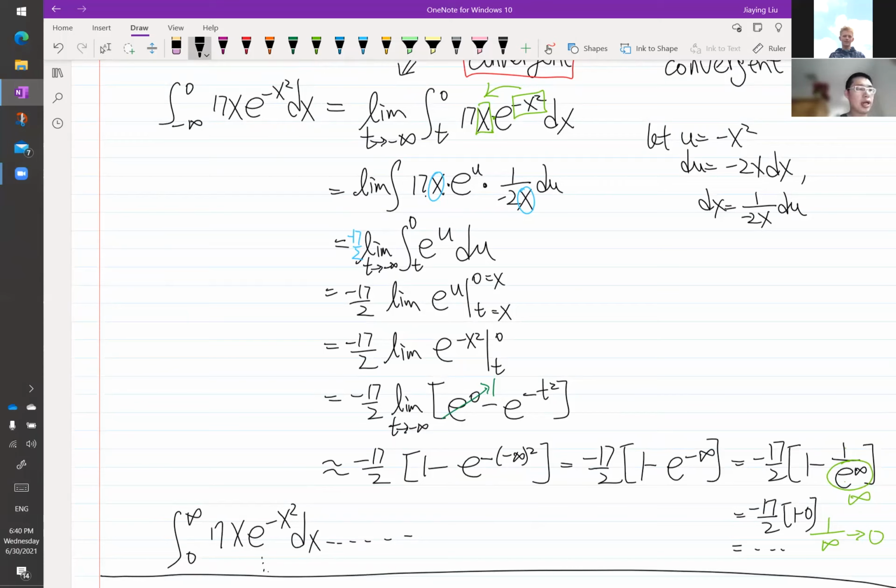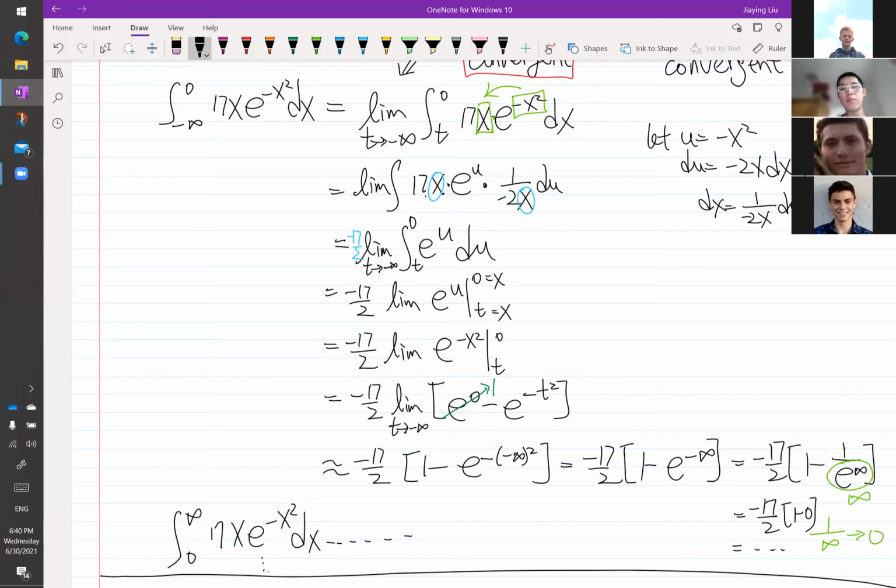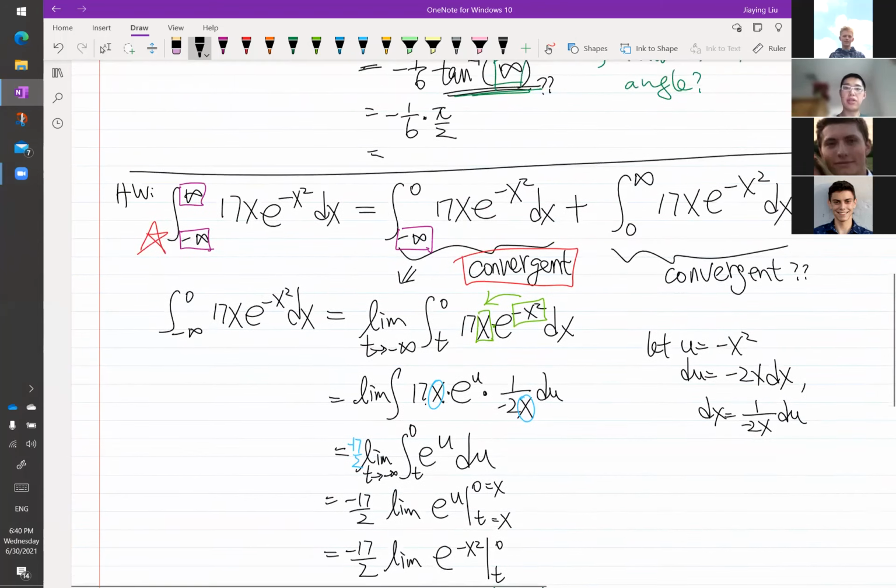Any other questions? So is the final answer for this one negative 17 over 2, or what would you do next? No, that's not the final answer. That's only the answer for the first integral. Remember, we take the integral and divide it into two integrals adding, right?